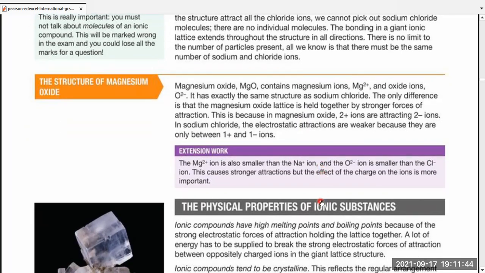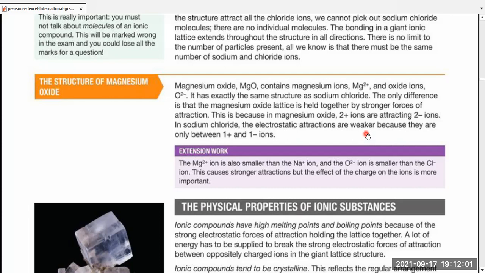The structure of magnesium oxide, MgO, has exactly the same structure as sodium chloride. The only difference is that the lattice is held by stronger forces of attraction, because magnesium is a positive 2 ion and oxide is a negative 2 ion.